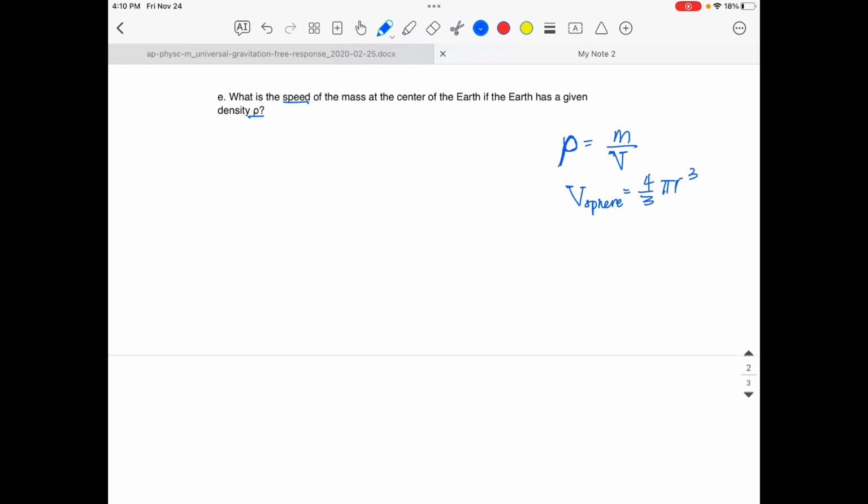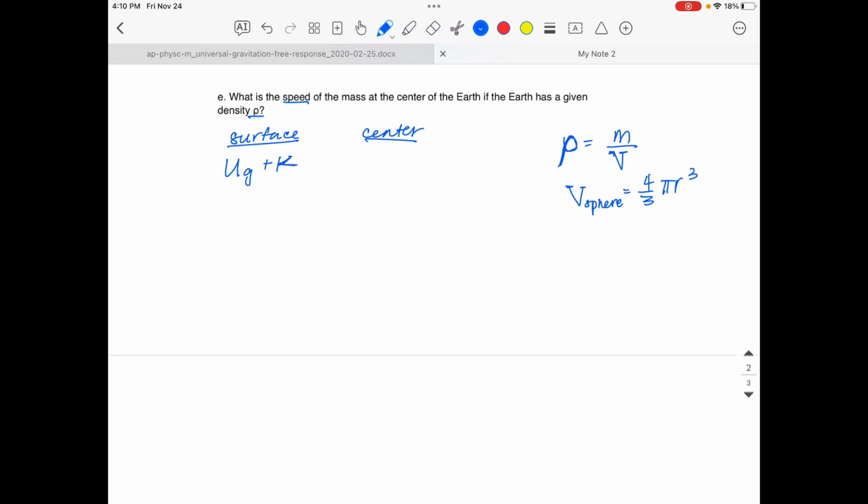which is also in your physics helper, so that's good to know where to find those volumes. And then since we're trying to find speed, we can use conservation of energy, because kinetic energy will give us the speed of the object at the center of the Earth. So on the surface, compared to at the center, we do have some gravitational energy.